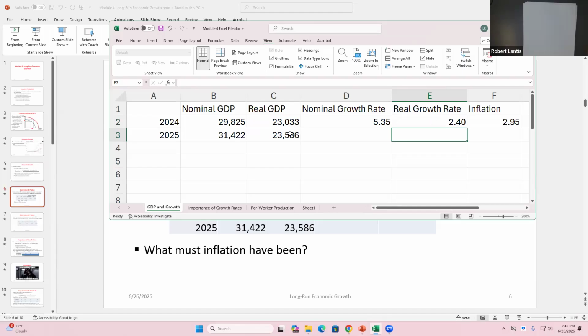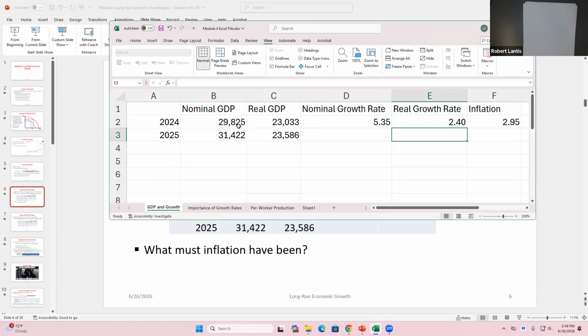And that's because when we have inflation, like we typically see over time for most countries, nominal GDP captured some of that price increase where real GDP is holding prices constant. Okay? So anytime I have inflation, my nominal growth rate will be greater than my real growth rate. On the flip side, what would be true if prices decrease?